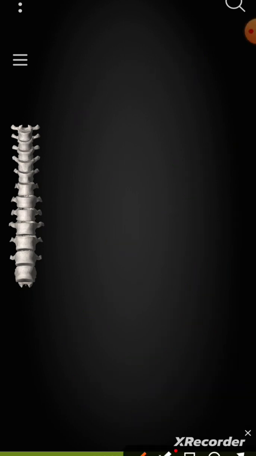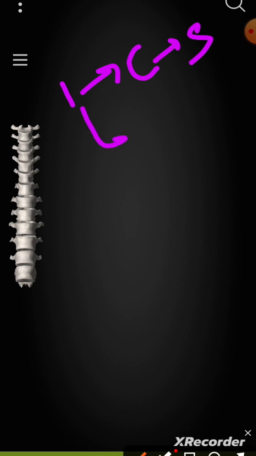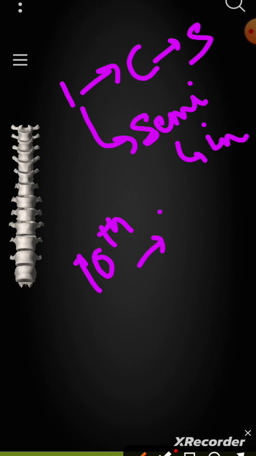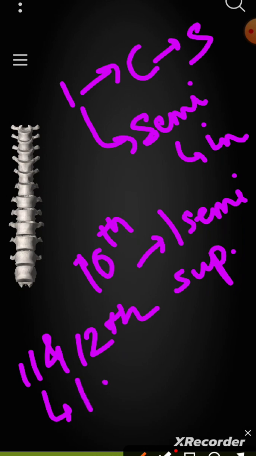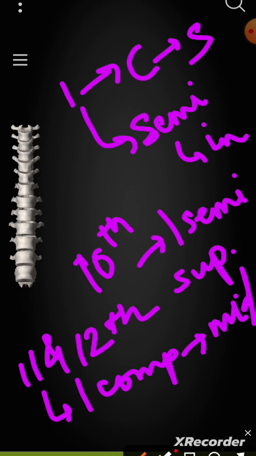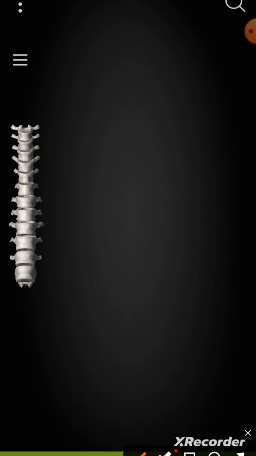Again we would revise. The first has two facets: a complete costal facet on the superior part, and one semi facet on the inferior. In the 10th, it has one semi facet on the superior edge. The 11th and 12th have one complete facet in the middle of each lateral surface. Okay, is it clear till here?